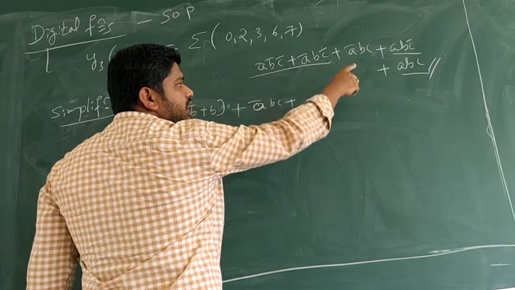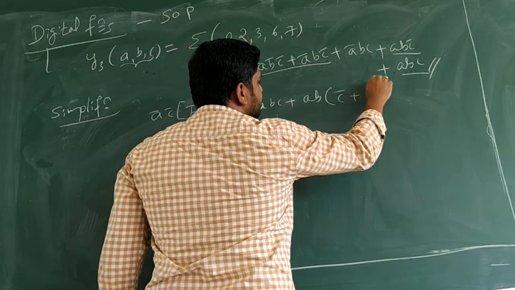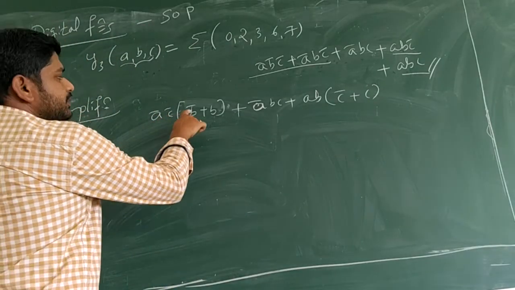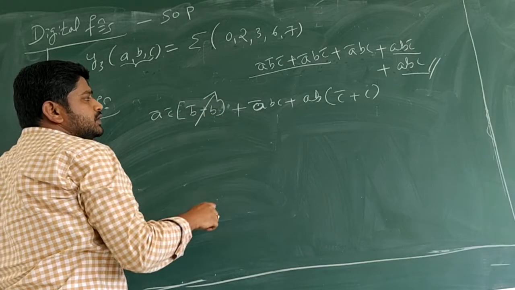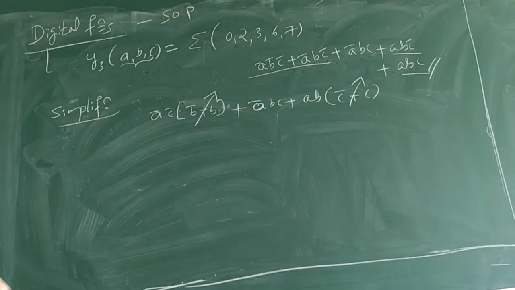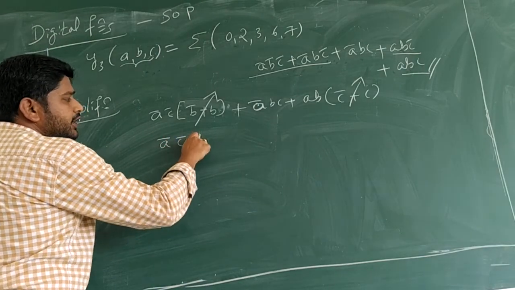What we left in the last two terms, AB common, in the bracket C complement plus C. In the previous class we have studied A complement plus A is 1. Also C complement plus C is 1. Hence what we will get here? A complement C complement into 1.